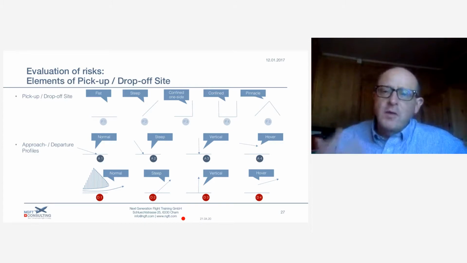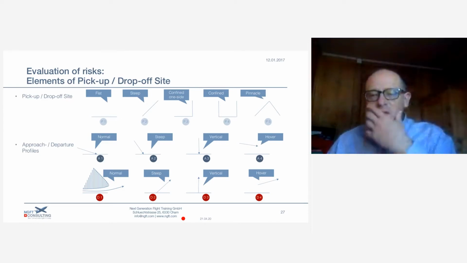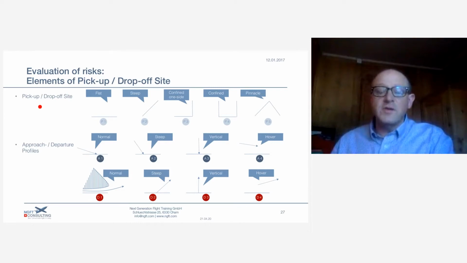Then you look at and you try to classify the pickup and drop-off site. Now, that's just a structure that you can use. You classify the geographical features, then you look at the different approach and departure profiles. And based on these areas, for each area, there's different types of risks.